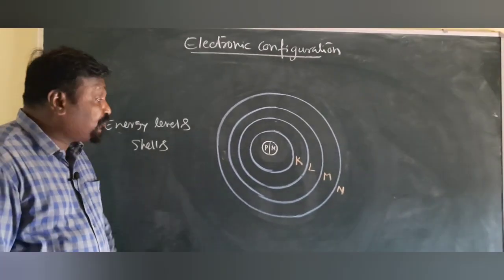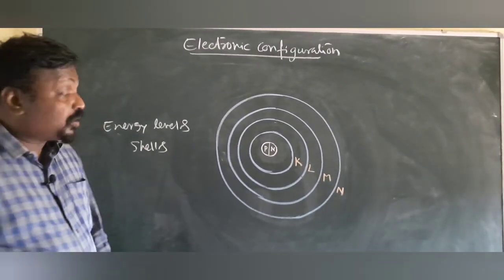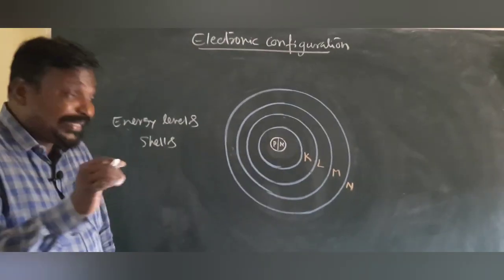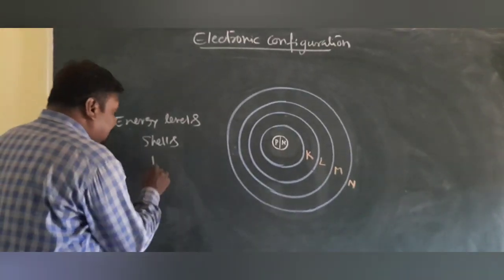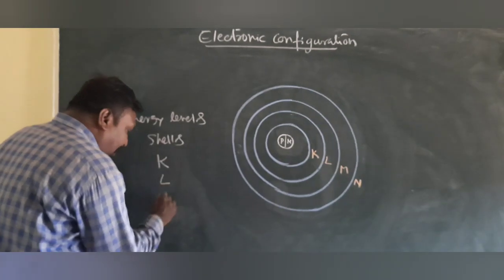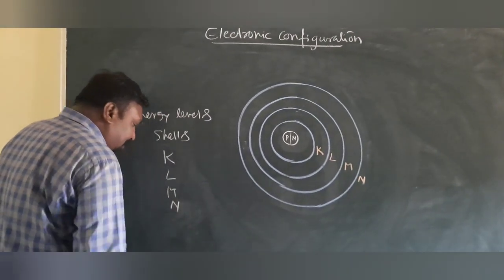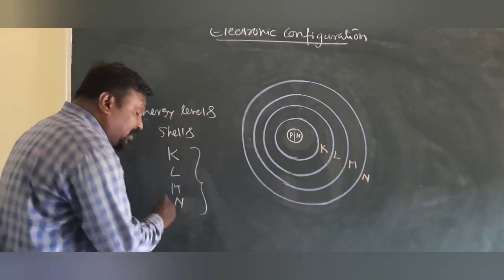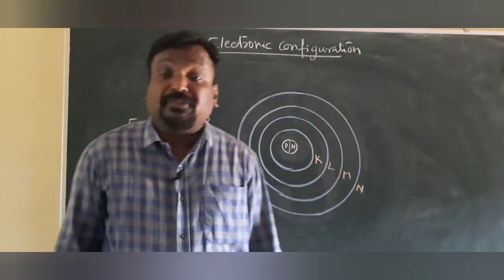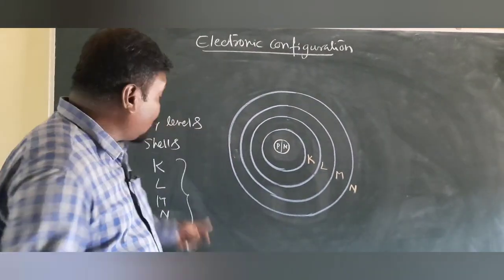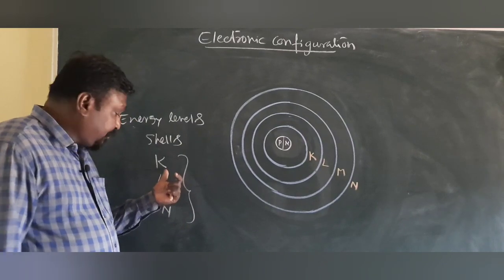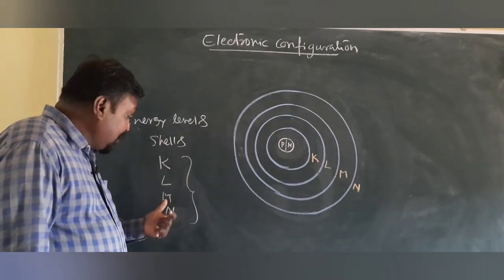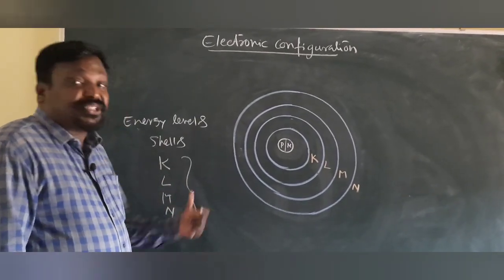There are different types of energy levels, and the energy levels are named K, L, M and then N. So, these are the different names that have been given to the energy levels, which are called K shell, L shell, M shell and then N shell.